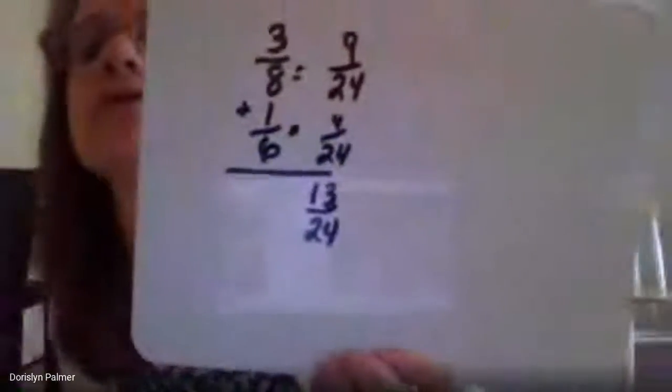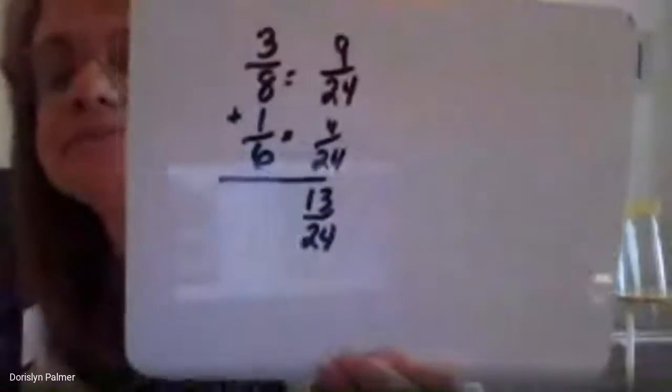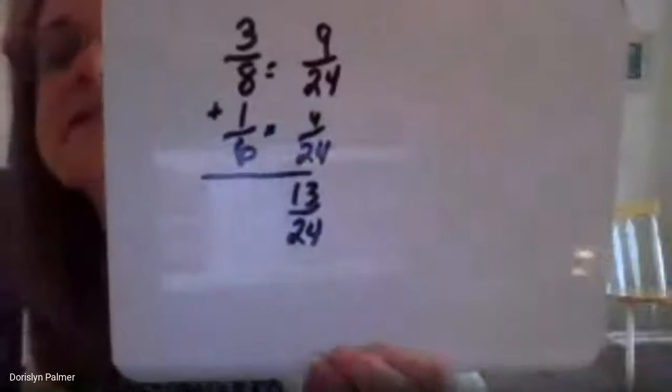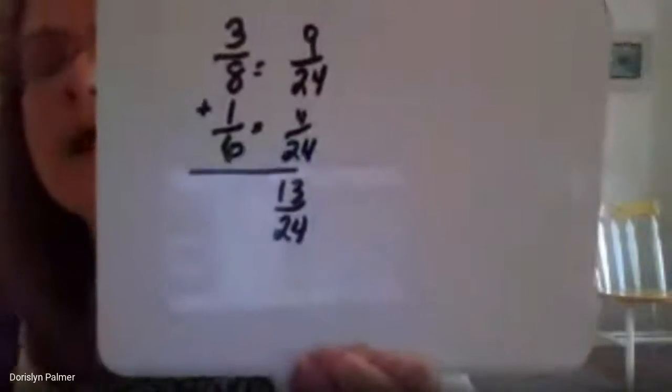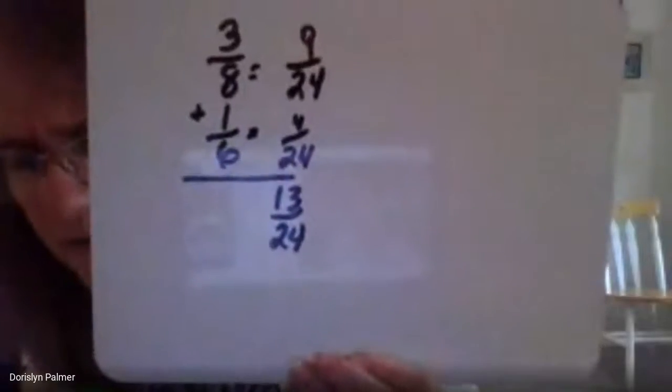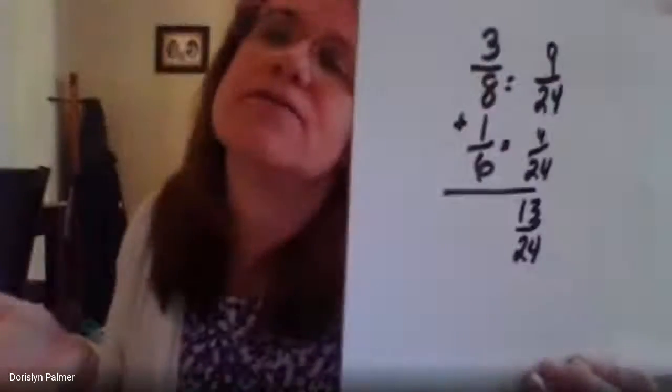And that is 13/24. So maybe you got 13/24 for your answer, and you stopped there. But it doesn't say how much did she spend on clothes and entertainment. It said other items. How do I figure out how much she spent on other stuff?